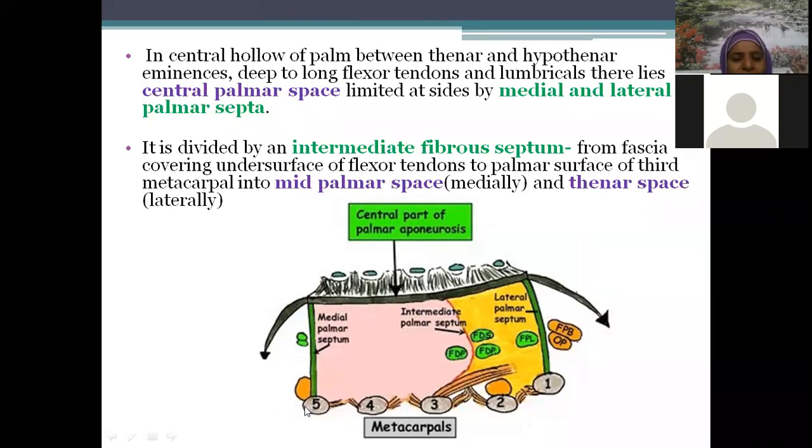Between medial palmar septum and intermediate palmar septum, we have mid palmar space. Between intermediate palmar septum and lateral palmar septum, we have thenar space. That is because thumb is thenar, isn't it? So apart from that, we will have many spaces.